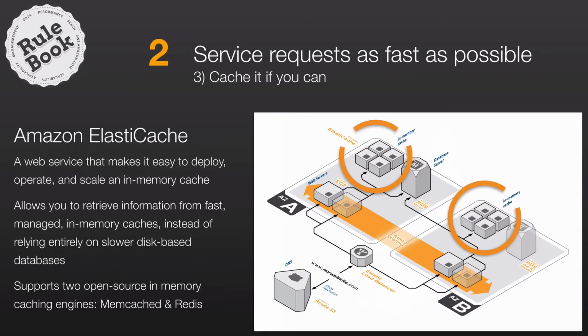Rather than always resorting to queries against that database, you can use an in-memory engine to check whether you've previously made and cached the results from a query, and those might be available to you more quickly from that caching tier than they would be from the origin.